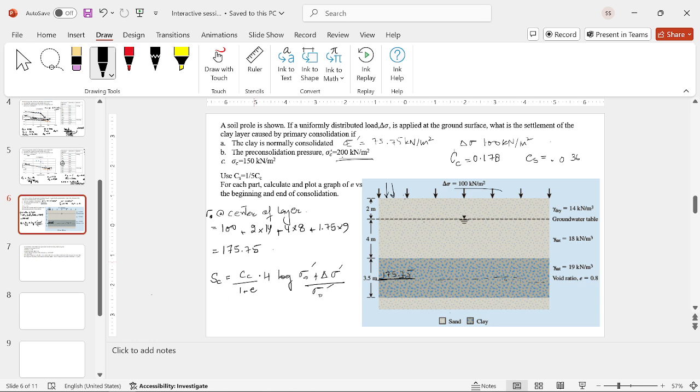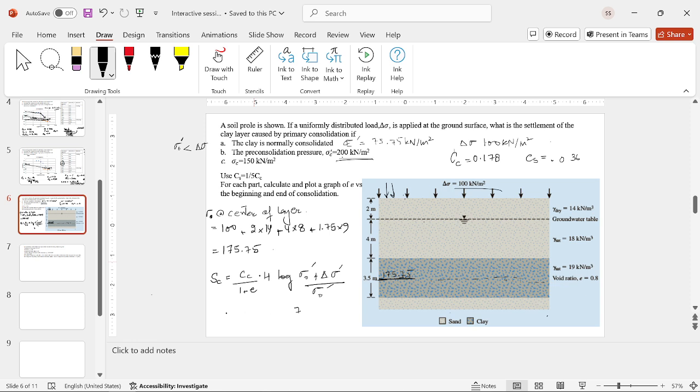You see here sigma naught dash is 75, and sigma naught dash is less than delta sigma. Delta sigma is 100 kilonewton per meter square.